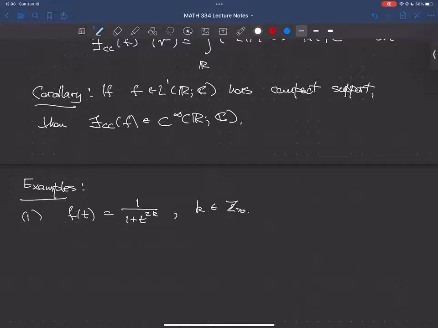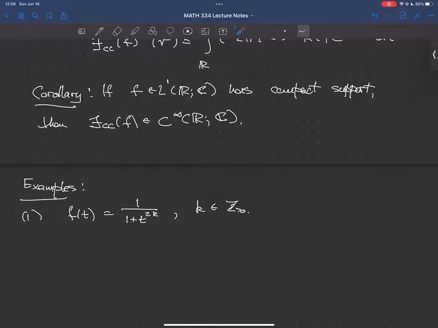Okay, so let's take an integer k and define a function like this. It has even powers of t, which prevents the denominator from blowing up. And so this will always be in L1 because 1 over 1 plus t squared is in L1. The reason 1 over 1 plus t squared is in L1 is that it goes to 0 like, in terms of series, 1 over n squared.